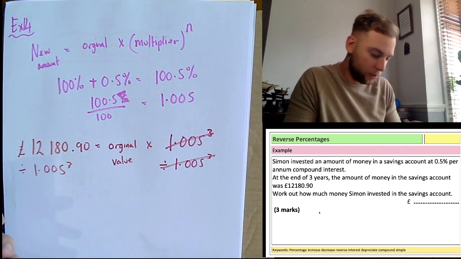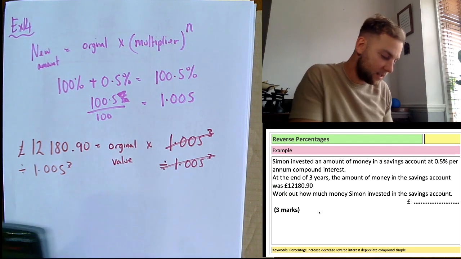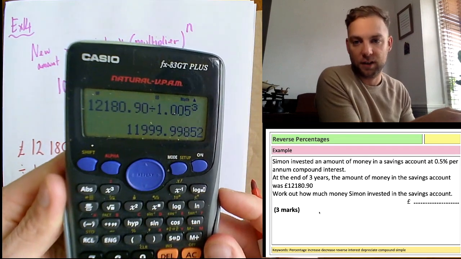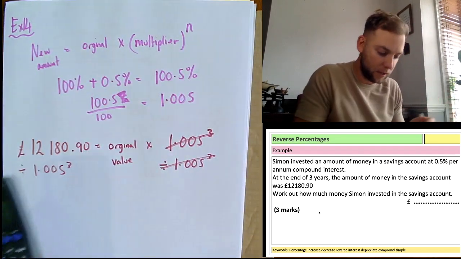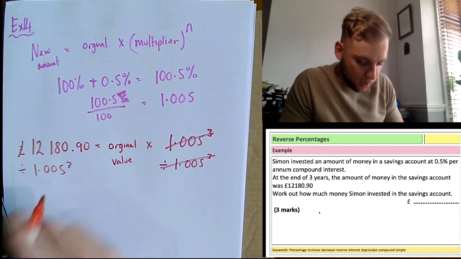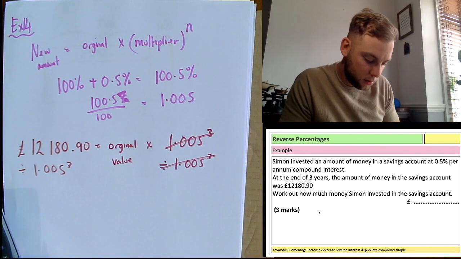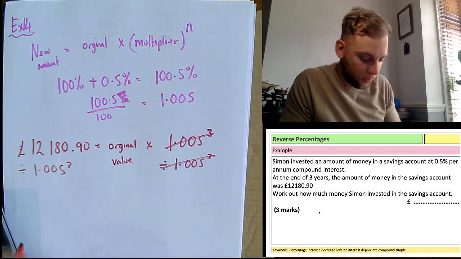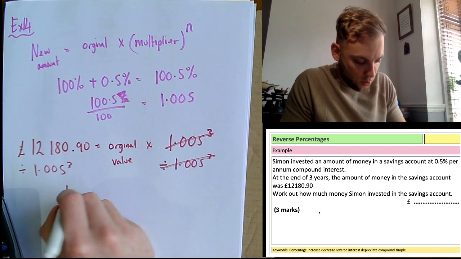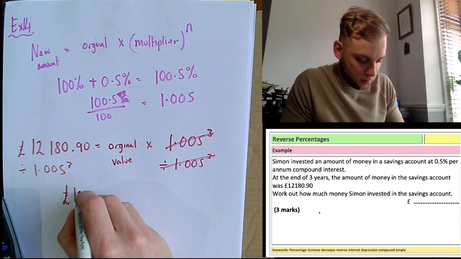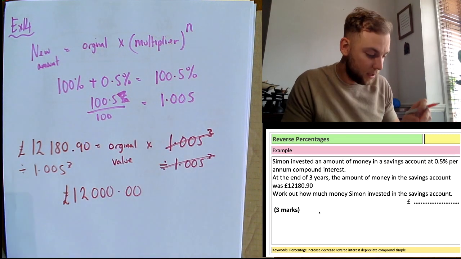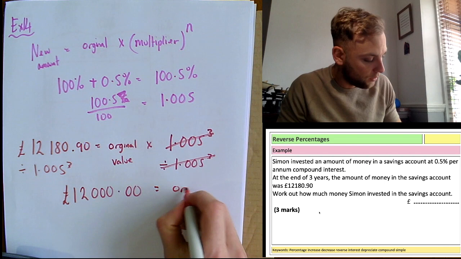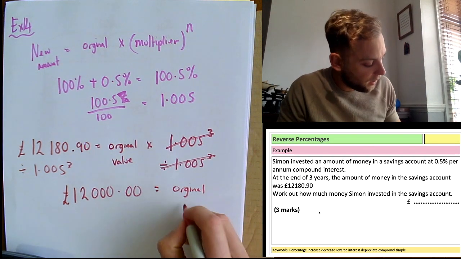And that's equal to, not a very nice decimal, but what we notice is that it's 99 there. So all of these are actually going to round up. So it's going to be £12,000.00, which is equal to my original value.